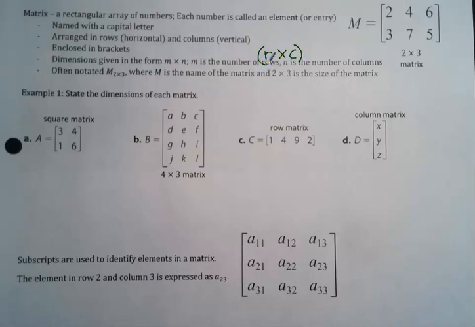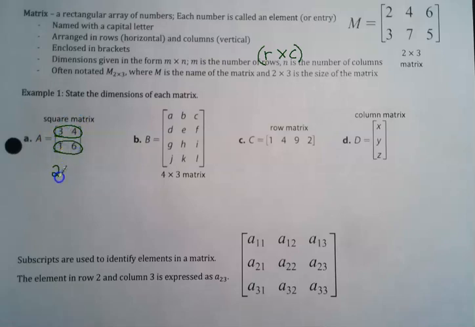B was already done for you, I guess. I don't really know why; that was goofy of me. Anyway, A has, let's look at the number of rows, a row with 3, 4, and a row with 1, 6.